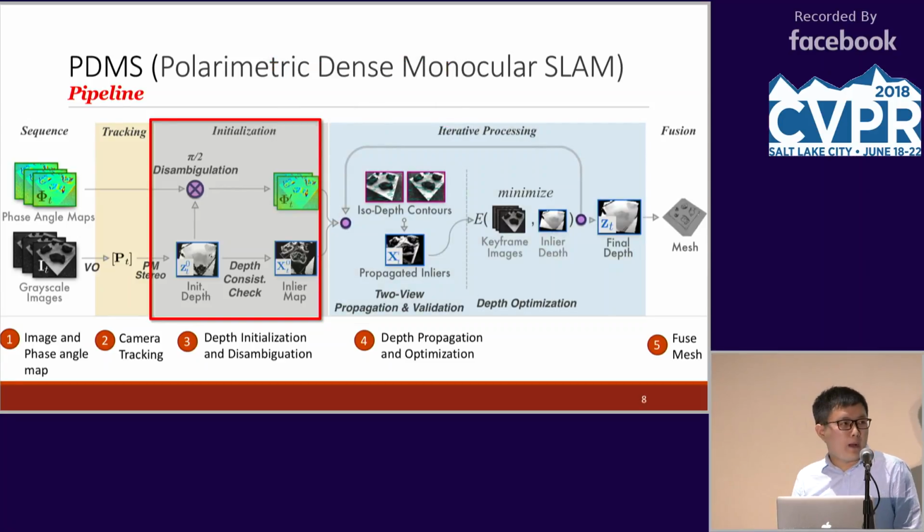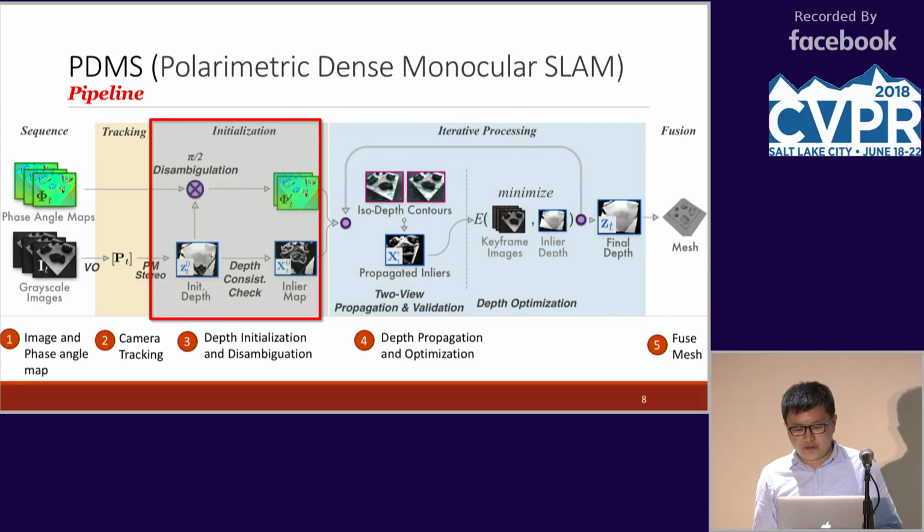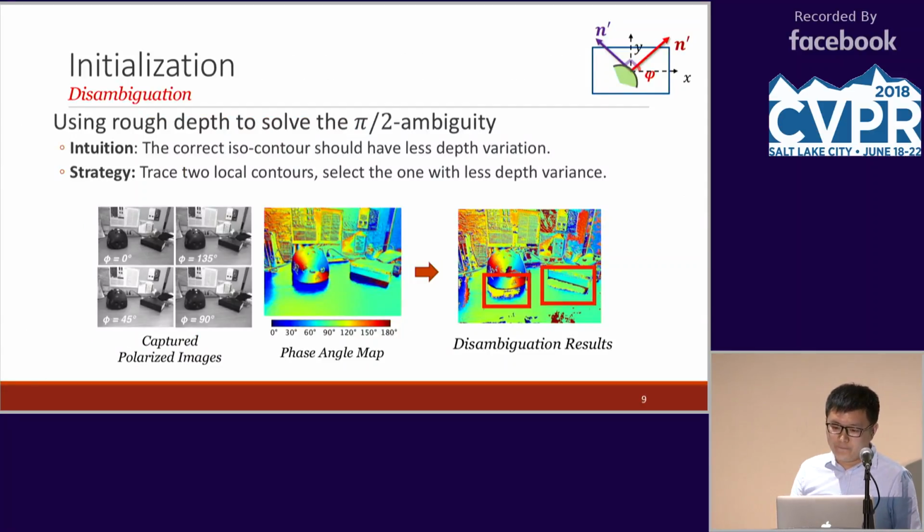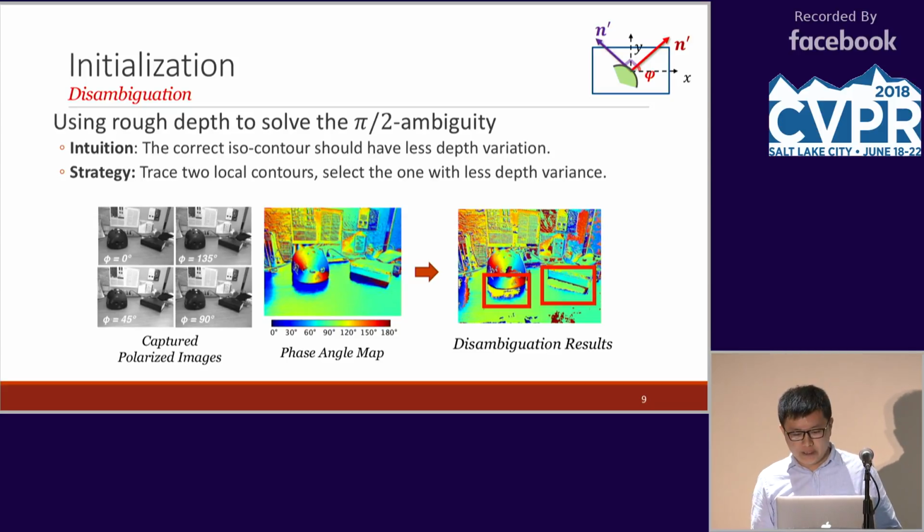So let's talk about the first module, the initialization module. Here, we need to solve the pi/2 ambiguities. We use the isodepth contour constraint to remove the ambiguities.